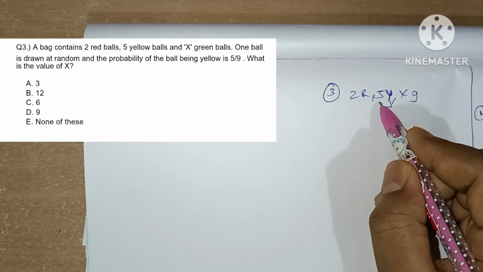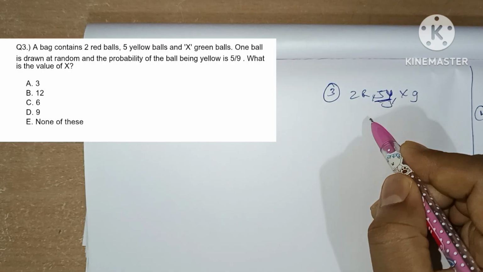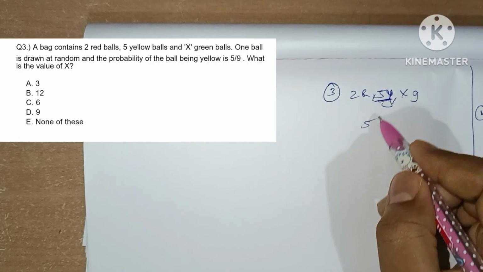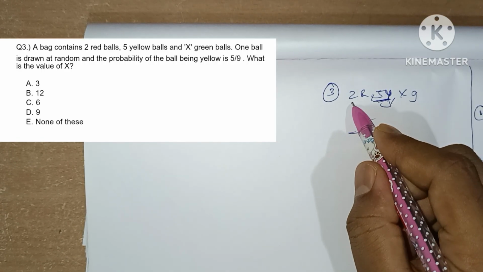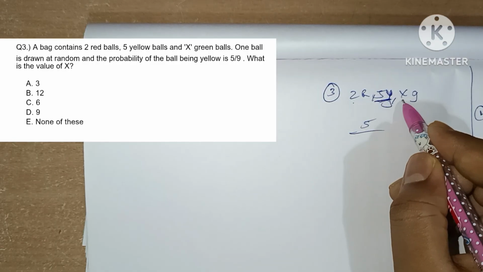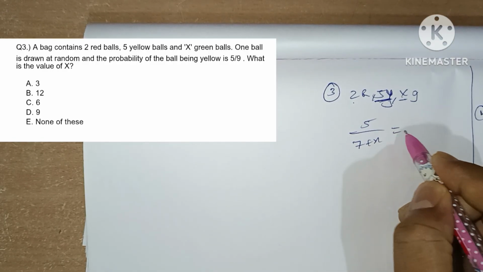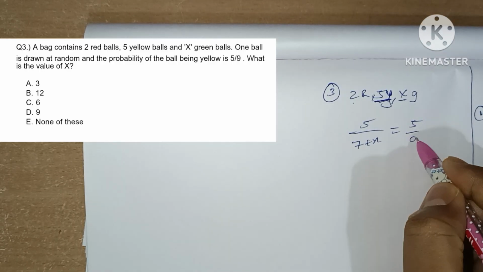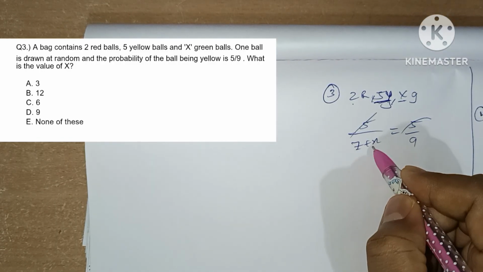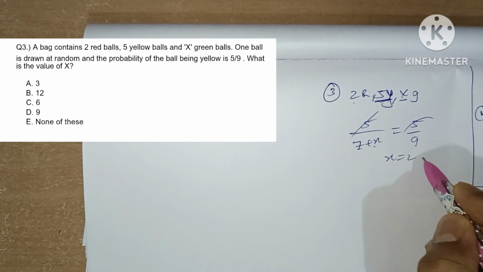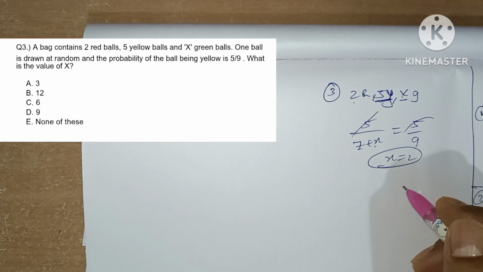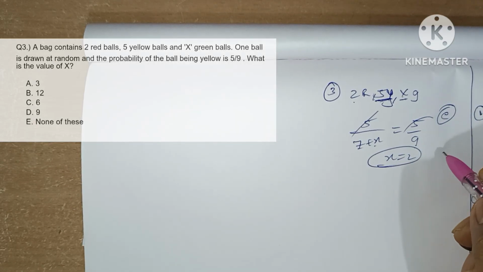Here one ball is taken and it must be yellow. So 5C1, which is 5, divided by the total number of balls, 2 plus 5 plus X, so 7 plus X, equals the probability given as 5 by 9. 5 and 5 cancel, 7 plus X equals 9. So the X value will be 2. So option E is our answer.